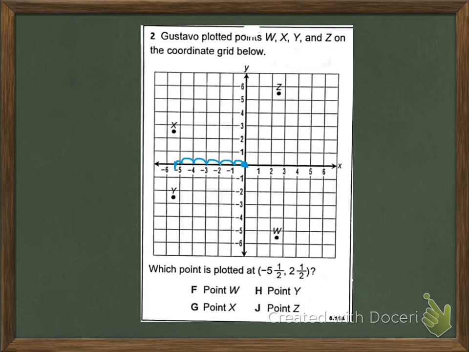And then it says 2.5. And we go up, it's positive, and if we go down, it's negative. So from here, we go up 2.5. That's 1, 2, and then 1/2. What point is there? X.